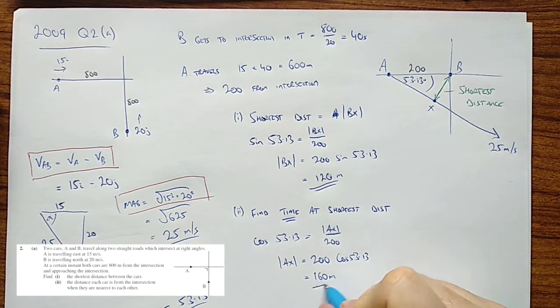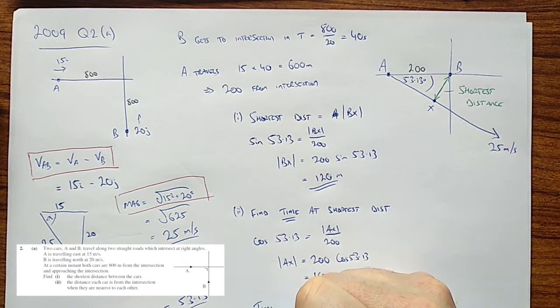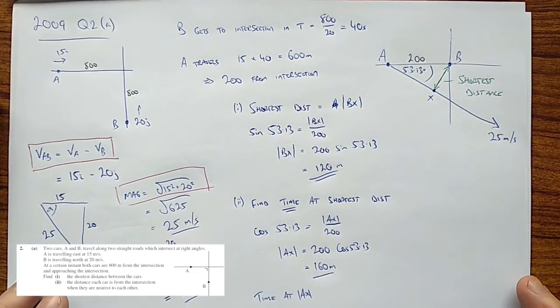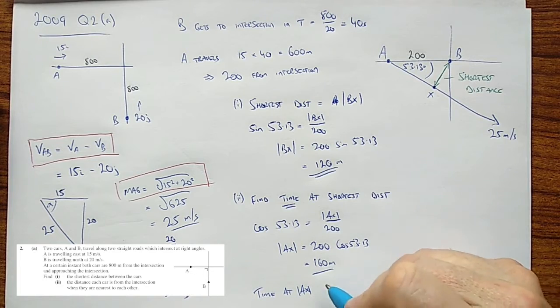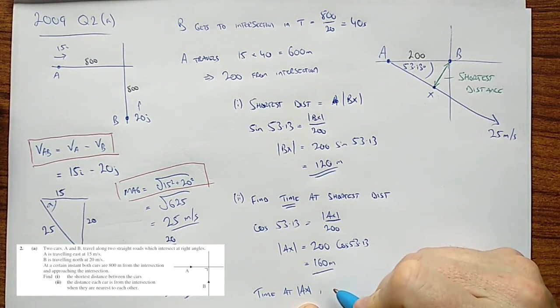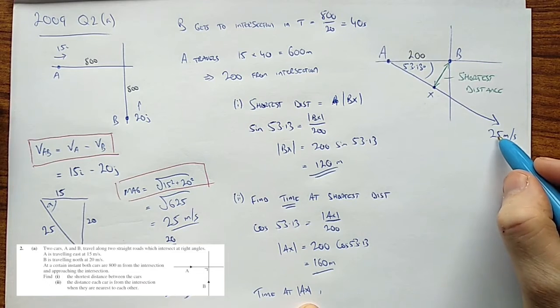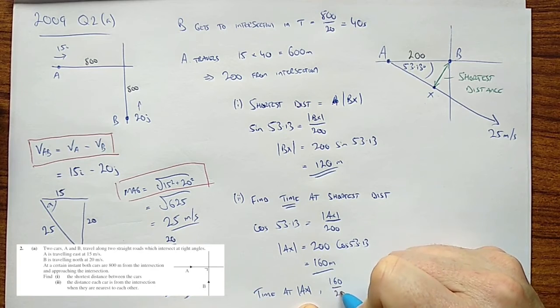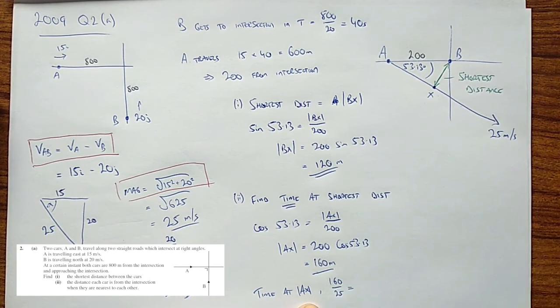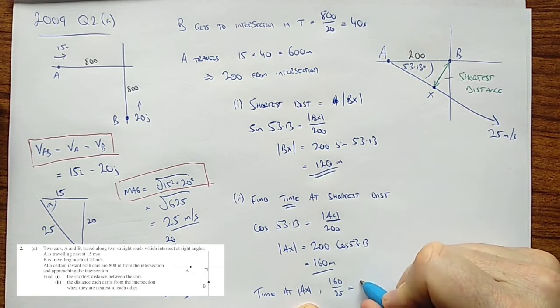Okay, useful. Now, time at AX. We're going at 25 meters per second, traveling 160 meters, so 160 divided by 25, and that's going to be 4.8 seconds.